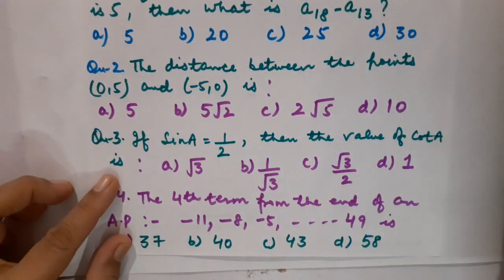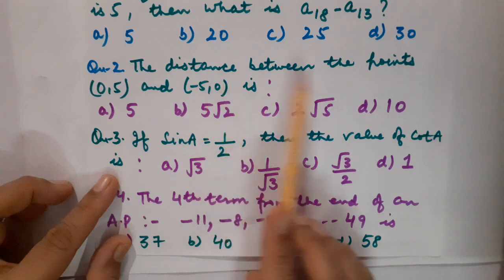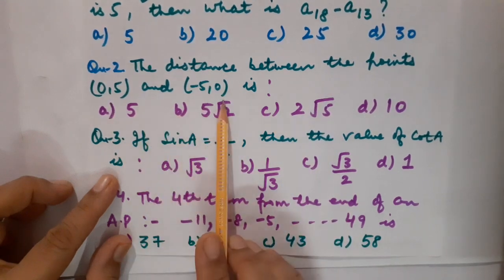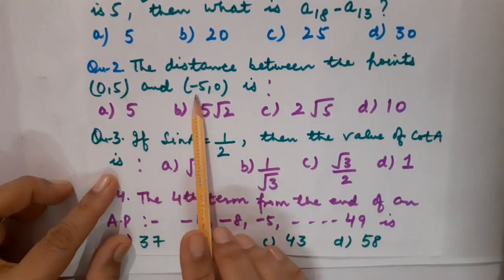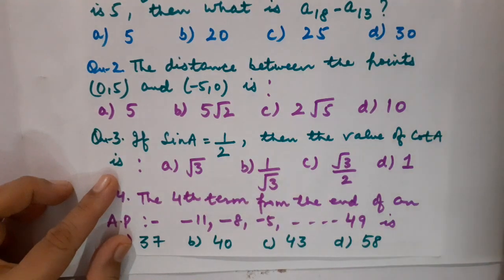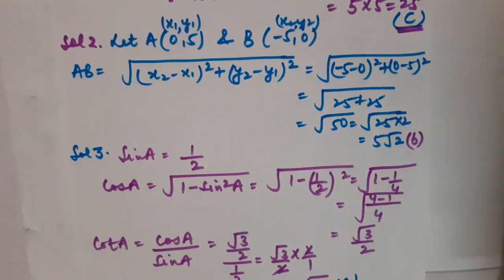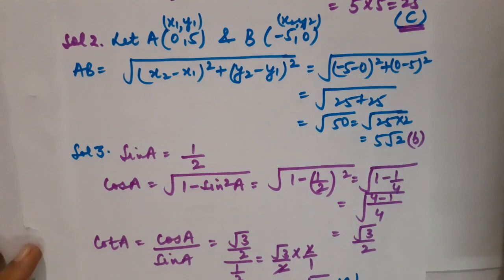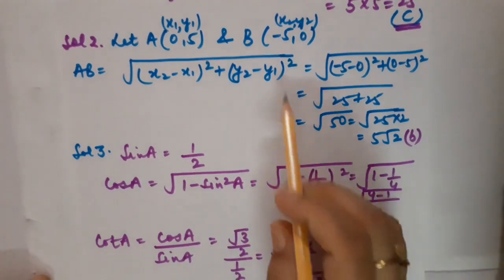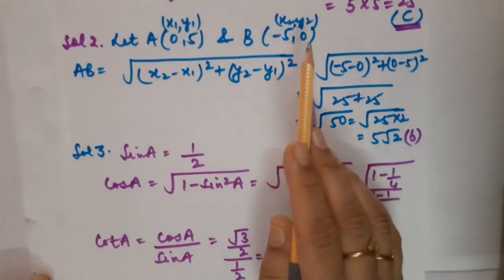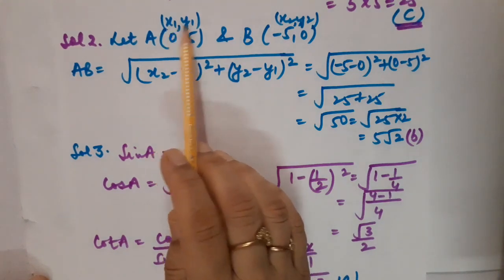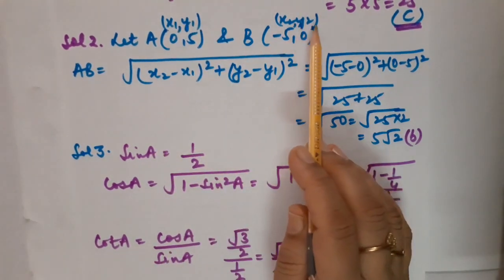Now question number 2 says, we have to calculate the distance between the given points, that is (0, 5) and (minus 5, 0). So let A and B be 2 points, (0, 5) and (minus 5, 0). Let us consider them as (x1, y1) and (x2, y2).